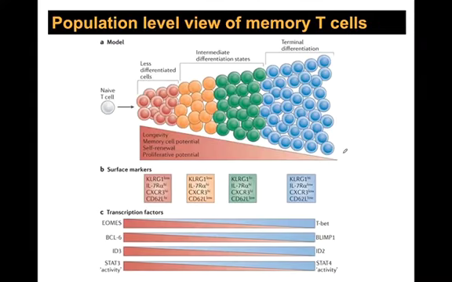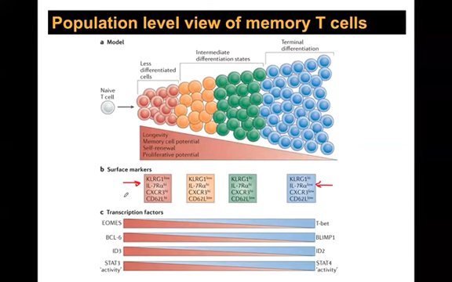Okay, so when we talk about the memory T cells or T cell responses, we've talked a lot about different things that are controlling this. So for example, memory cells are IL-7 receptor positive, effector cells are not. Okay, so those are terminally differentiated.